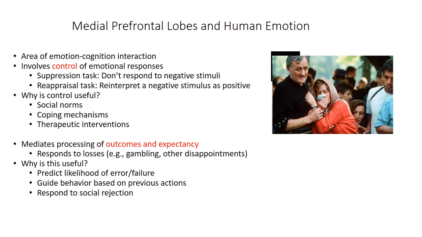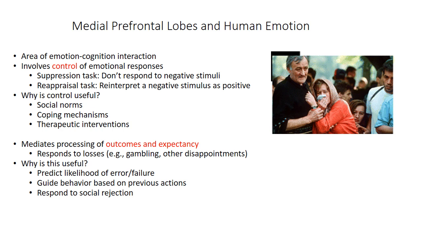What do I mean by that? Well, if you look at a picture like this on the right, this picture has a negative connotation to it. And so in a suppression task, you would be shown a picture like that and given the instruction to suppress any emotional response. In a reappraisal task, you would be asked to reinterpret this picture as positive, right?